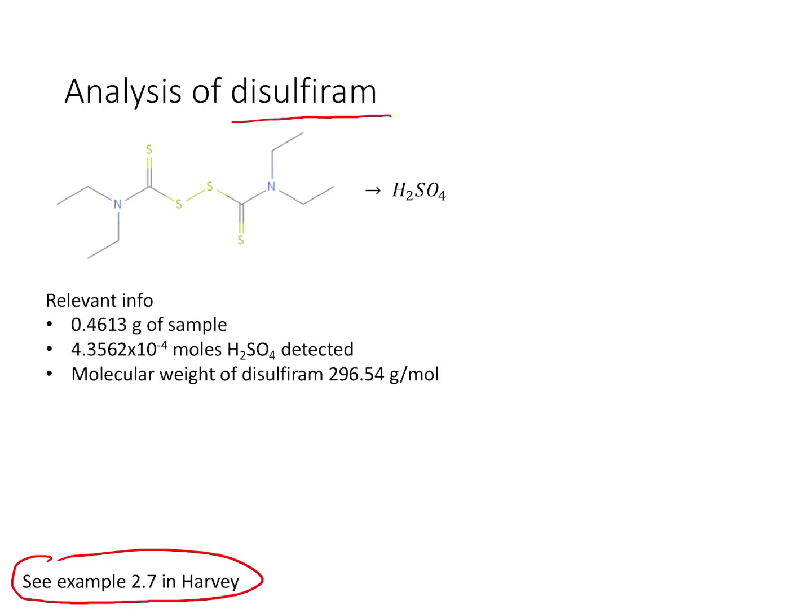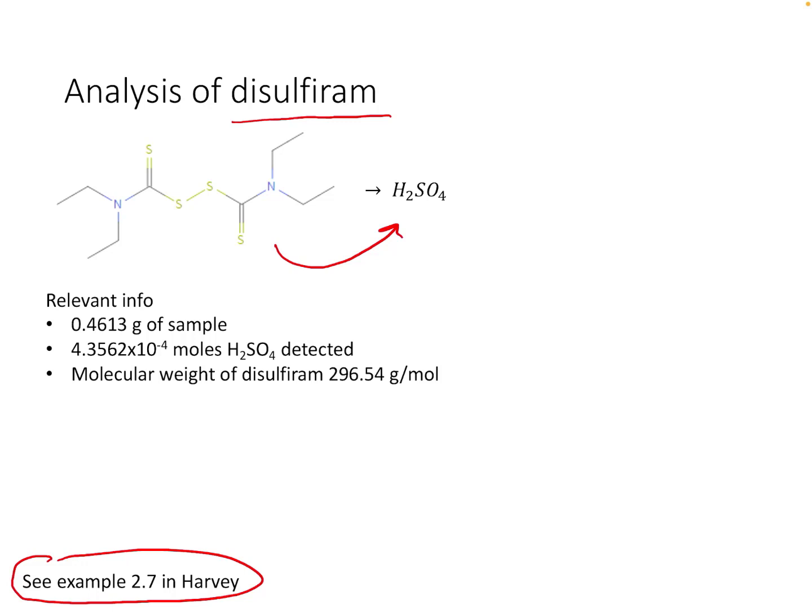In the analysis, what happens is the molecule disulfiram is converted into sulfuric acid, and then the titration is performed to analyze the amount of sulfuric acid that is present. We don't have an exact balanced chemical equation for this digestion, but we do know that the only compound that contains sulfur on the reactant side is the disulfiram, and the only compound that contains sulfur on the product side is sulfuric acid.